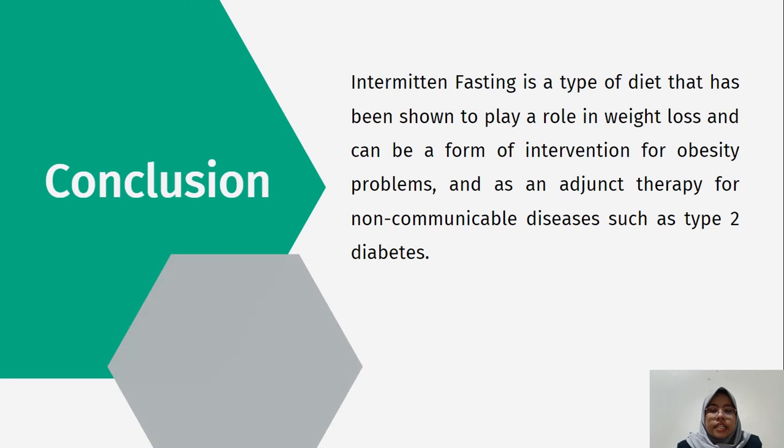The last slide is the conclusion obtained from the presentation of the material that I have given. Now we can conclude that intermittent fasting is a type of diet that has been shown to play a role in weight loss and can be a form of intervention for obesity problems and an adjunct therapy for non-communicable diseases such as type 2 diabetes.